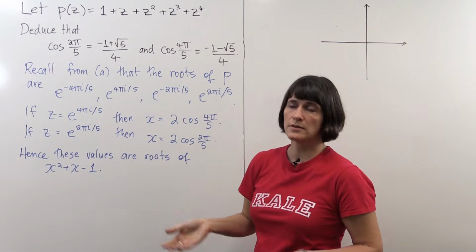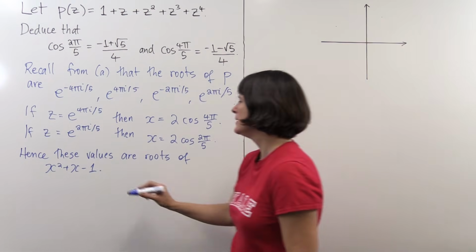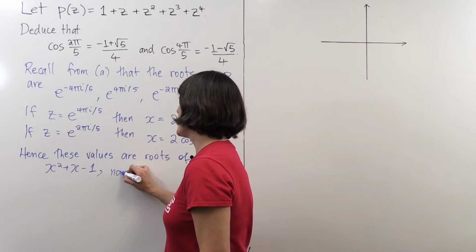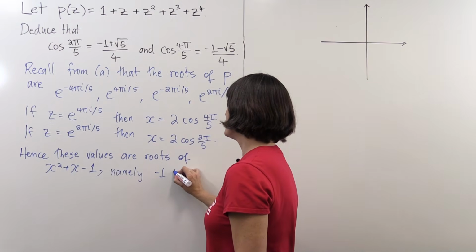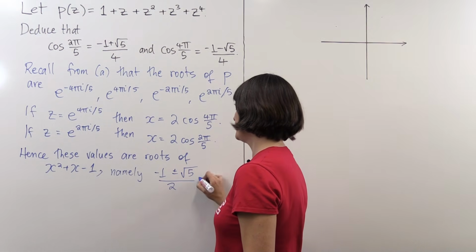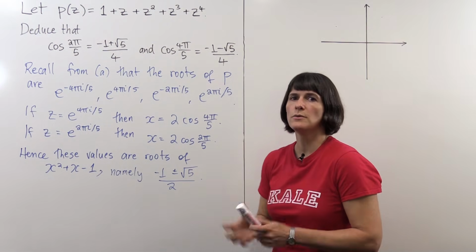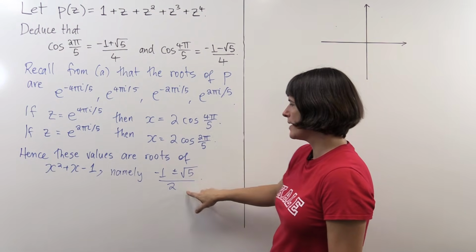But what are the roots of this quadratic? Well, we can just solve them using the quadratic formula. And when you do that, you'll find that you get minus 1 plus or minus root 5 on 2. Okay? So we've shown that these two numbers together make up these two roots.